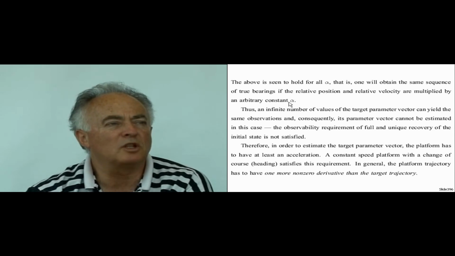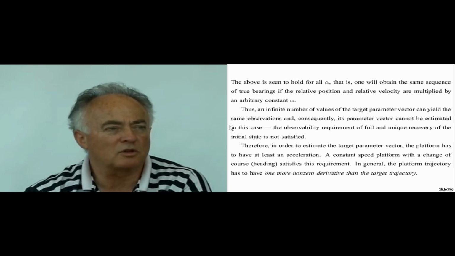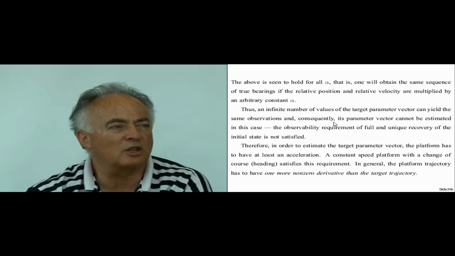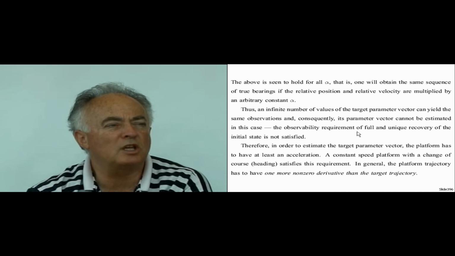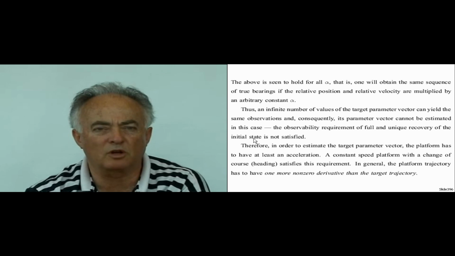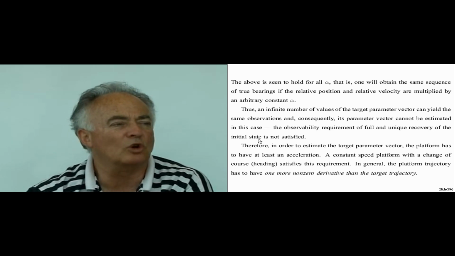Thus, an infinite number of values of the target parameter vector can yield the same observations, and consequently this parameter vector cannot be estimated. The observability requirement, for full and unique recovery of the initial state, that's position and velocity for the target, is not satisfied.